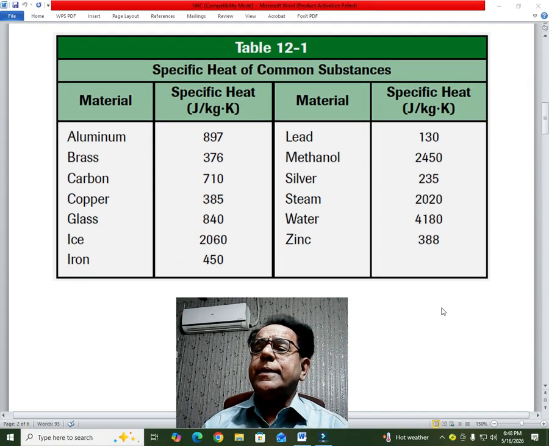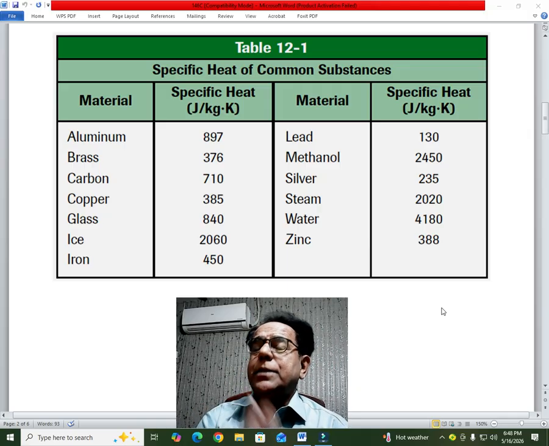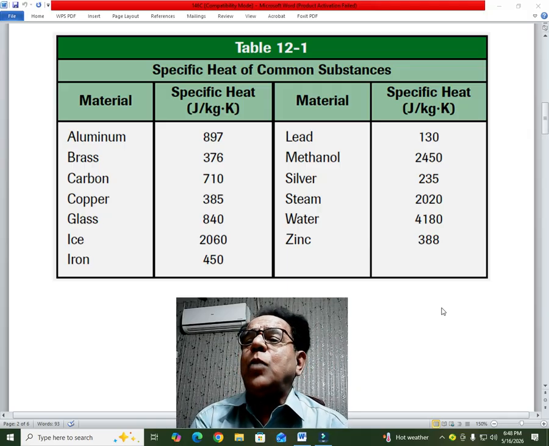This is a table of physical constants: specific heat of common substances, material, then specific heat in terms of joule per kg into Kelvin. The unit of specific heat is joule per kg into Kelvin.